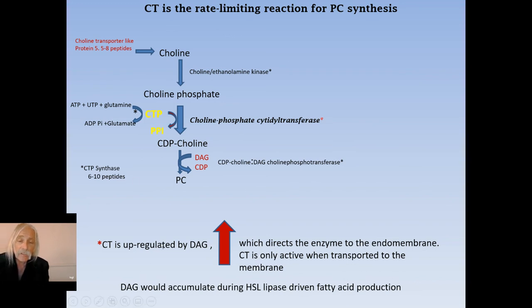Now, diacylglycerol would accumulate during hormone-sensitive lipase activity, which actually drives the synthesis of free fatty acid, which can be reesterified to the thioester coenzyme A for such things as complex lipid synthesis. For example, the synthesis of all the phosphoglycerolipids and sphingolipids, and also the alkyl lipids, right?